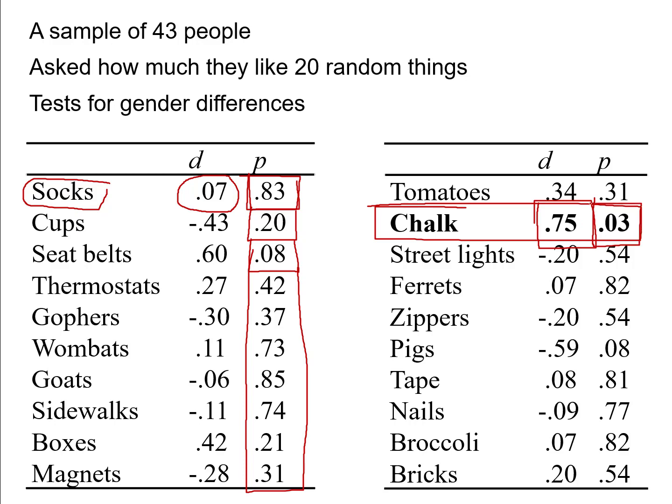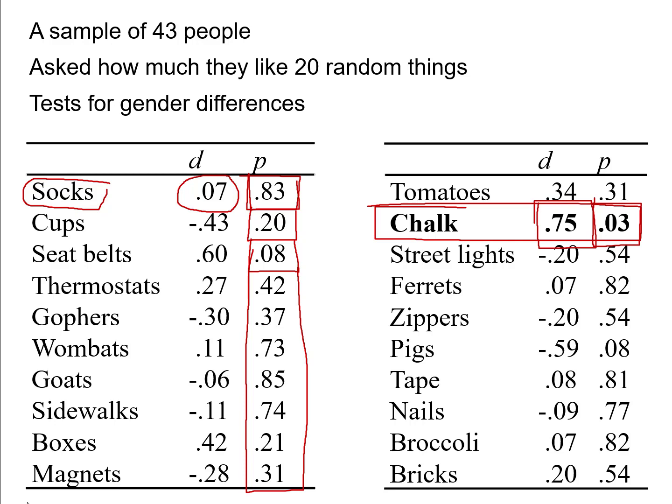That's less than 0.05, so that's significant. So I got a significant gender difference for chalk. So now consider this. Why would it be inappropriate for me to make a claim to have discovered something? Why would it not be good for me to claim that I've discovered a gender difference and that women like chalk more than men?